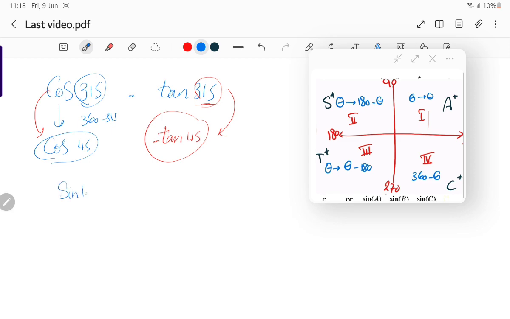But sine 135: 135 is in the second quadrant, sine is positive, so it's positive. The rule is 180 minus 135, so it's sine 45.